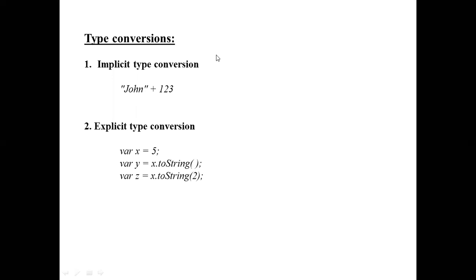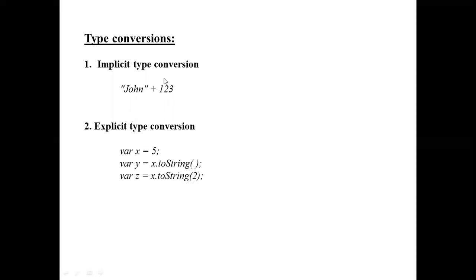Implicit type conversion and explicit type conversion. Implicit type conversion means type conversion which is performed automatically by the JavaScript interpreter. So in case of implicit type conversion, this is performed automatically by the JavaScript interpreter.